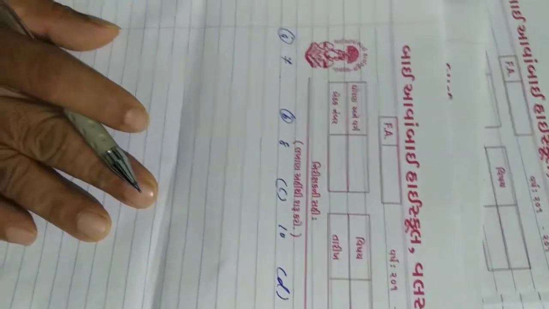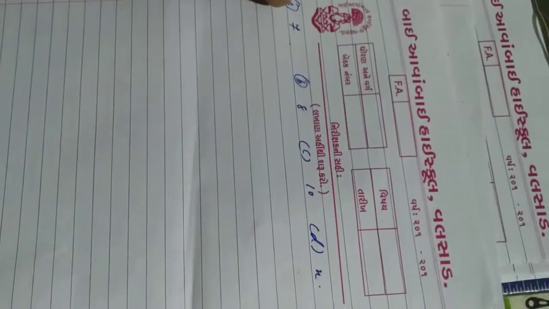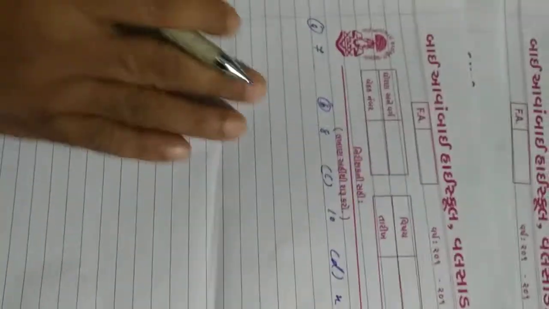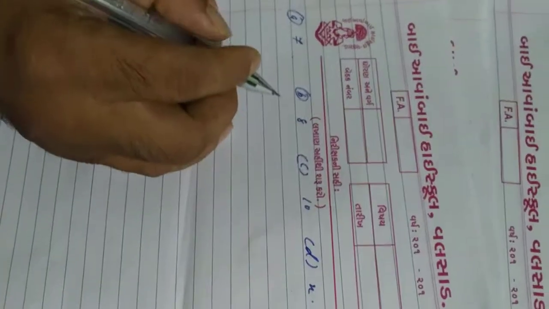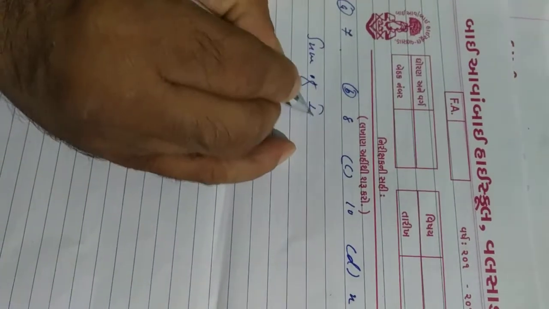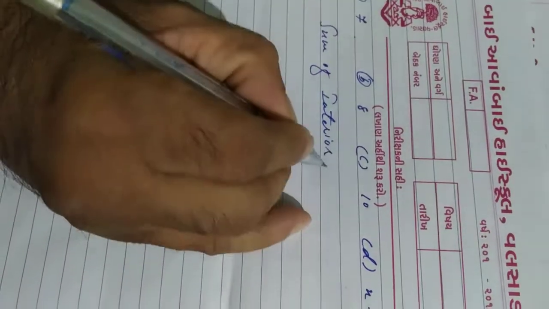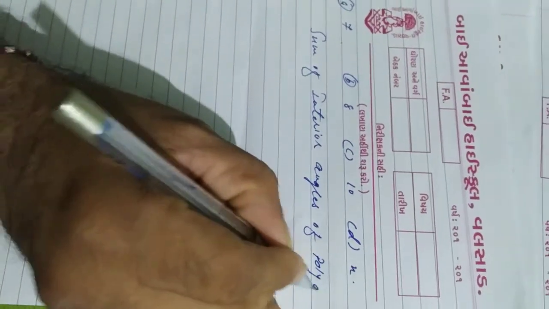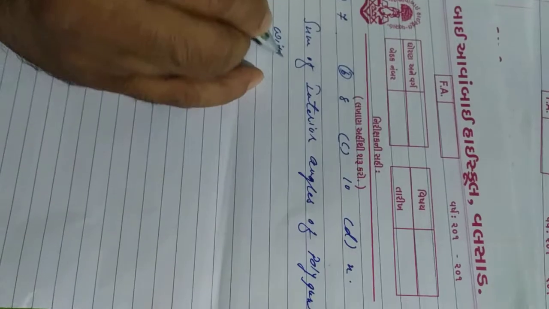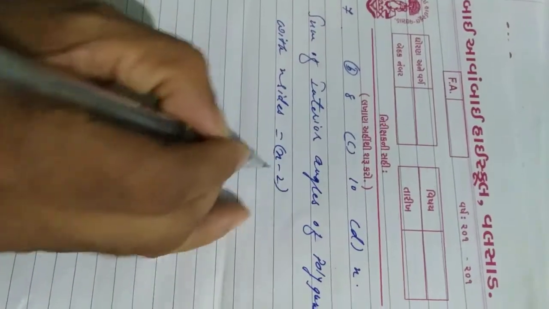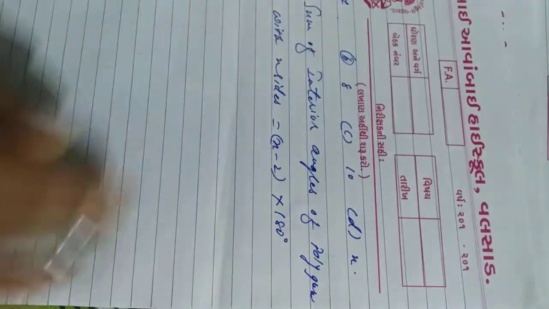From the above table, we conclude that the sum of interior angles of a polygon with n sides is equal to (n minus 2) multiply 180 degrees.